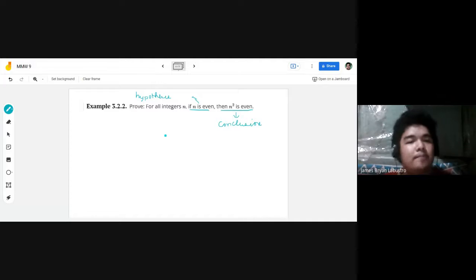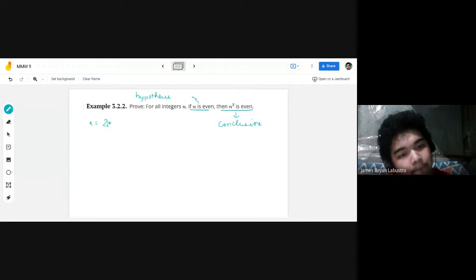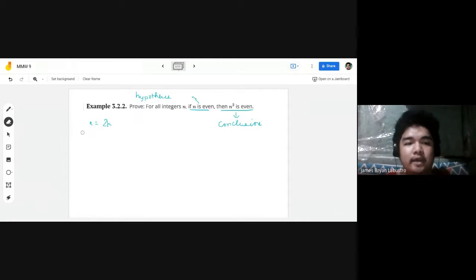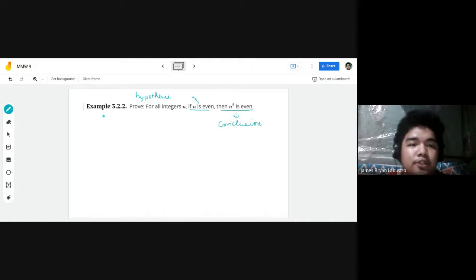Now, by the definition of an even integer, we assign n to be equal to 2k. Okay, so ulitin ko. We're going to define n as an even number, so we assign that n equals 2k.